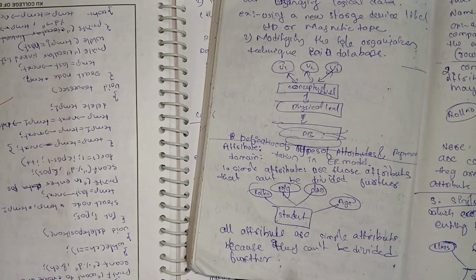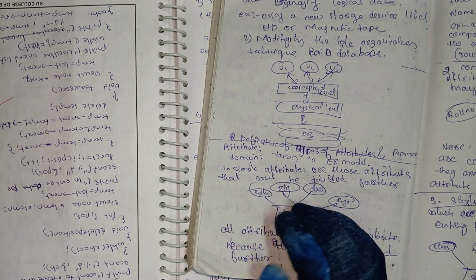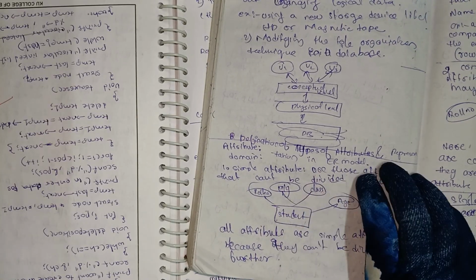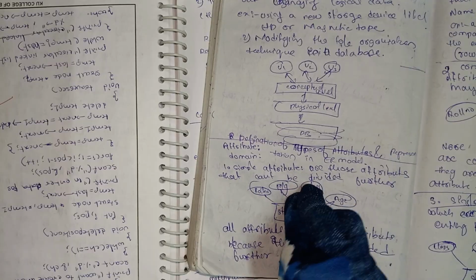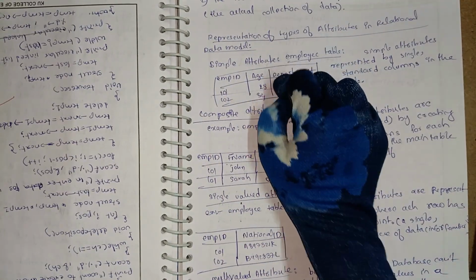Okay, using attribute symbols, entity symbols and relationship symbols, we represent the data in the ER model. So this is the simple view in the ER model, and this is the simple view in the relational model.